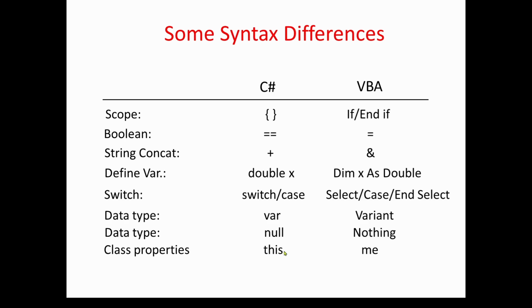In C#, this dot specifies that you want to refer to the property in this class object. In VBA, it's Me, right? This is just a small list. There's a bunch of other things, but you need to be aware that it's the same functionality, slightly different syntax.